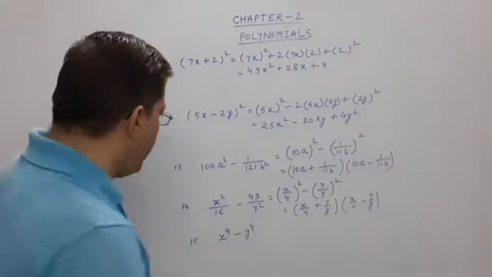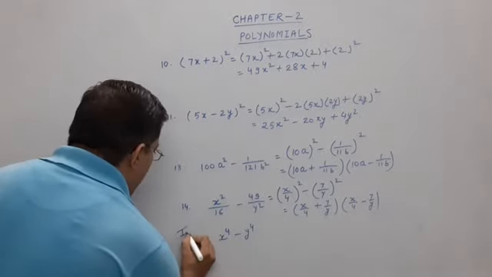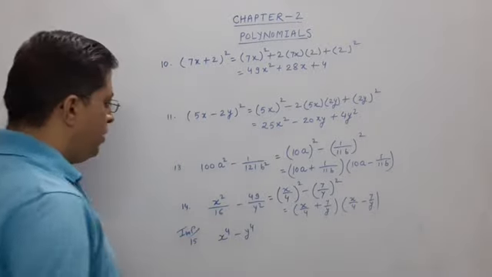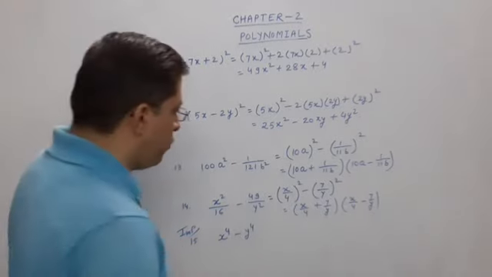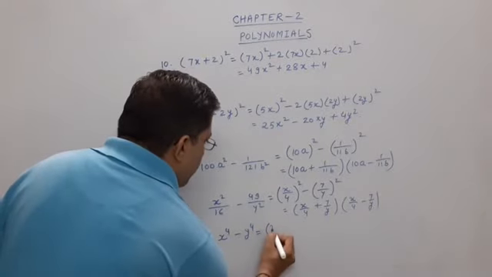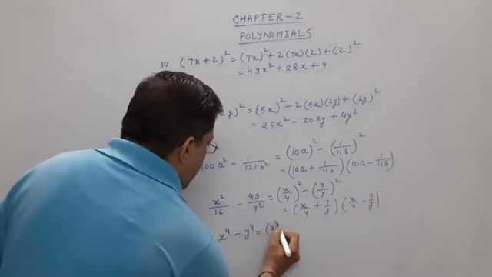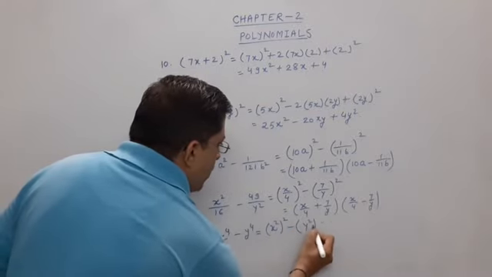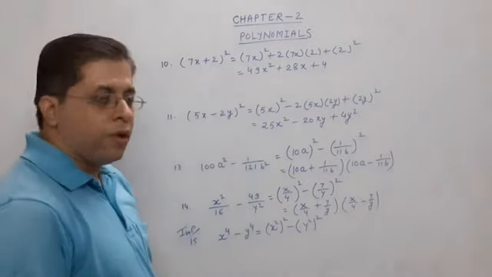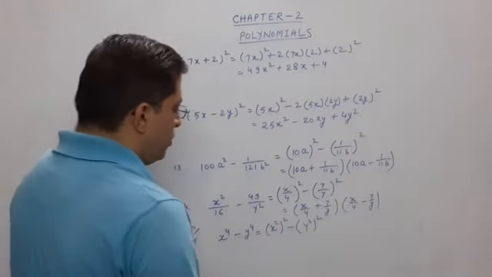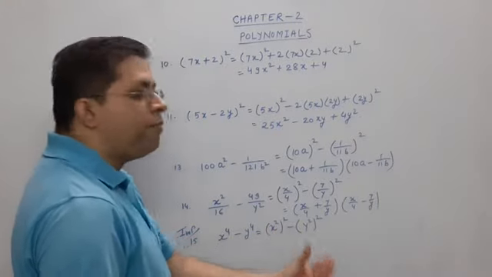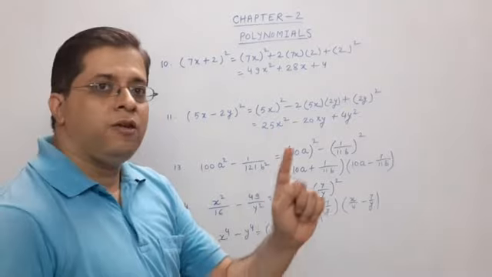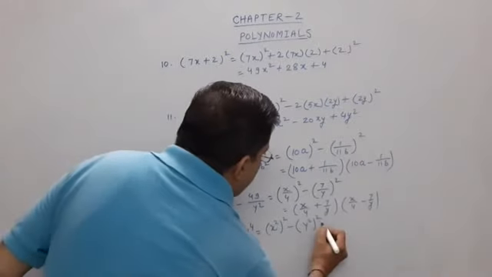This is a very important question. See here. Important one. x to the 4 minus y to the 4. Can I write in this way here? x square to the square, y square to the square. Okay. Then this is just looking like a square minus b square, (a + b)(a - b).